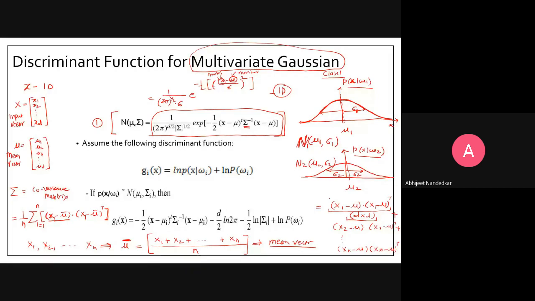Once all these matrices are added, I take the average by dividing by n, and this is called the covariance matrix. I hope you have understood the procedure. We will take an example in the next class, but right now you try to understand the procedure.